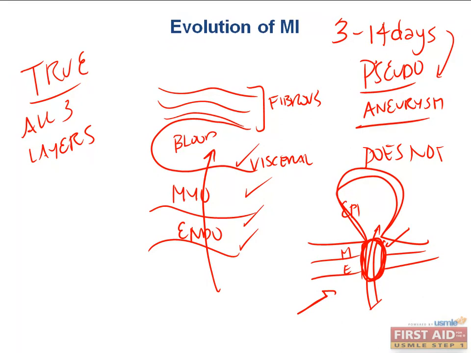I will explain this later, but the main thing you need to know about a pseudoaneurysm is that it is an incredibly high risk for rupture. All that's holding on are these little fibrous strands. Because there's only one weak layer left holding on for dear life, you have a high risk for rupture. So let's step forward in time and examine some things that can occur after we have hit the 2-week mark.